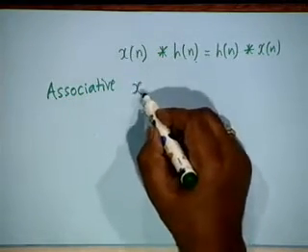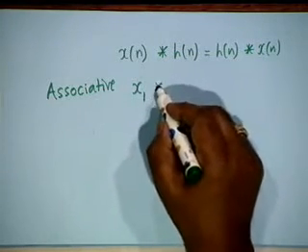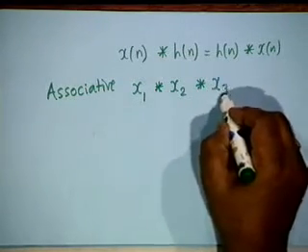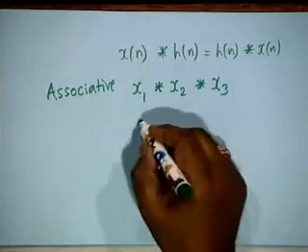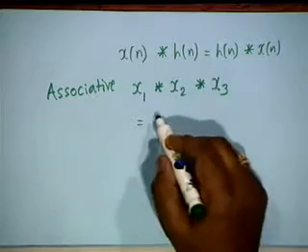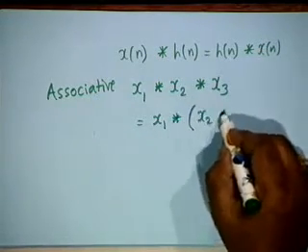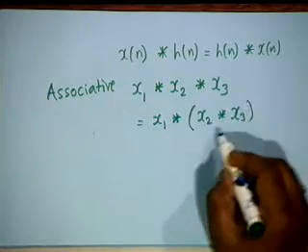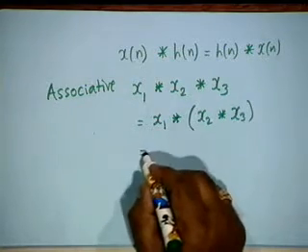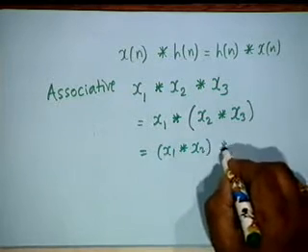That is, if you have, let us say, x1, I am omitting the argument n, if you have convolution of 3 signals, x1, x2, x3, then the order in which this is carried out is not important. You can first find the convolution of two and then convolve with the other one, or you can also write x1 star x2 convolved with x3.